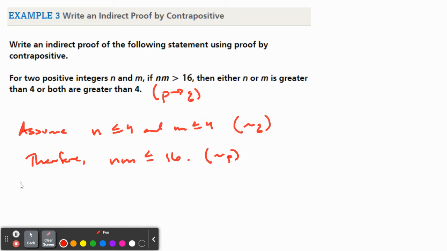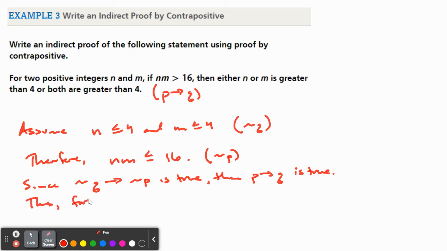And this is that idea of proving the contrapositive true, since if not Q, then not P is true. Then if P, then Q is also true, which means that this statement is going to be true. So we just restate the statement.